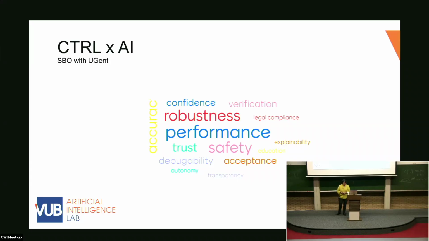And then you see things like safety, transparency, verification, explainability, which is all related to trustworthiness, and I'm also going to talk a bit about that. Of course, performance and accuracy are really needed. If you cannot guarantee that, no way they will deploy your controller.